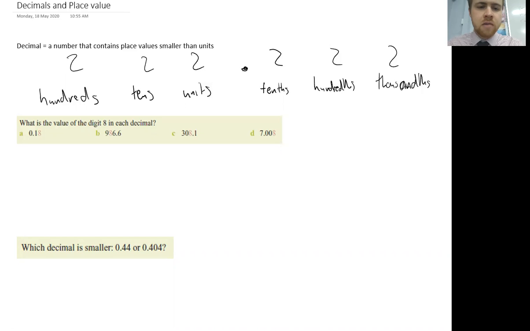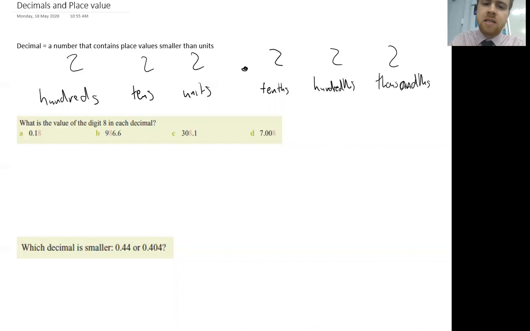Here's a number, 222, then a decimal point, and then 0.222 after that decimal point. We're familiar with the place values of the numbers in front of the decimal point: units, tens, and hundreds. But we might be less familiar with the place values after the decimal point.